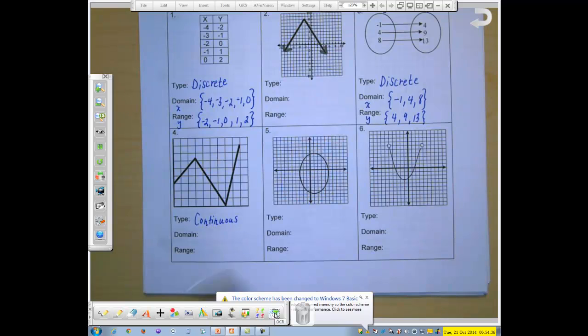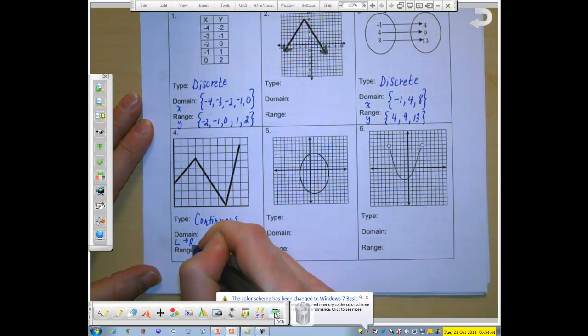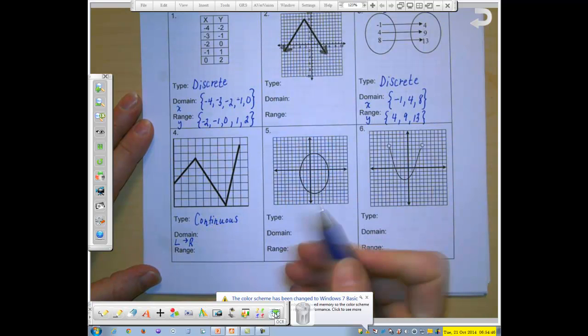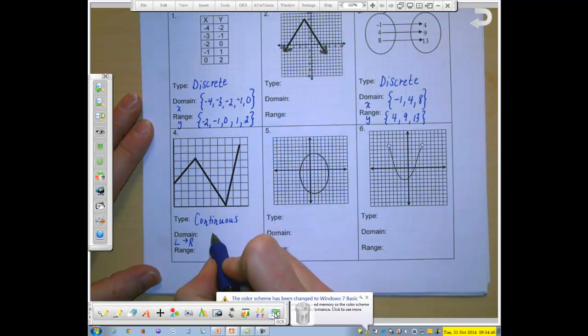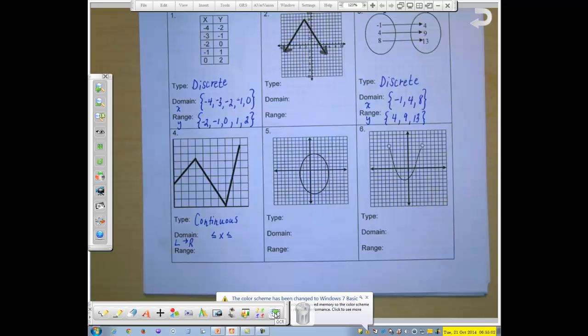So for the domain, we're going to be looking from left to right. And remember, when we write our domain, it's going to be written as a compound inequality. Our leftward boundary, or our smallest number, goes here. Our rightward boundary, or our largest number, goes there.